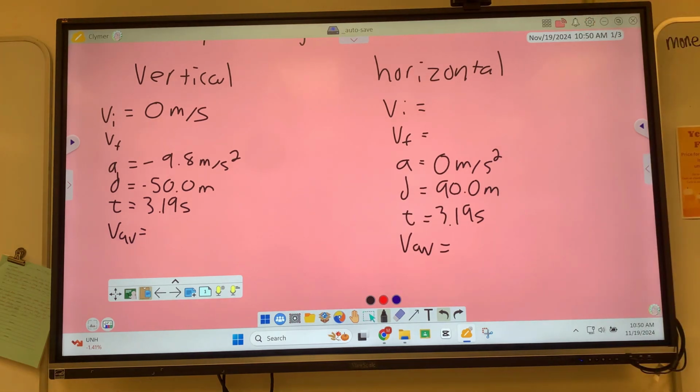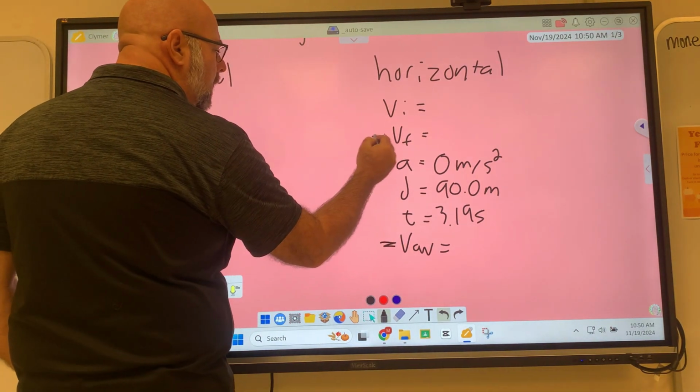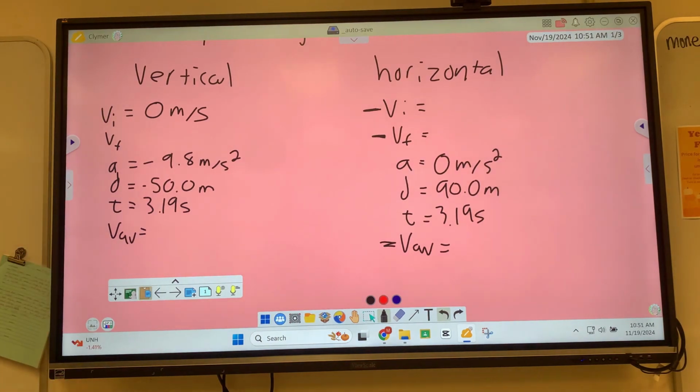And now the last key insight here, or the last thing to consider in this question. If our acceleration is 0, we're not speeding up or slowing down through the course of this horizontal problem. What do we know about these 3 quantities? Not 0.